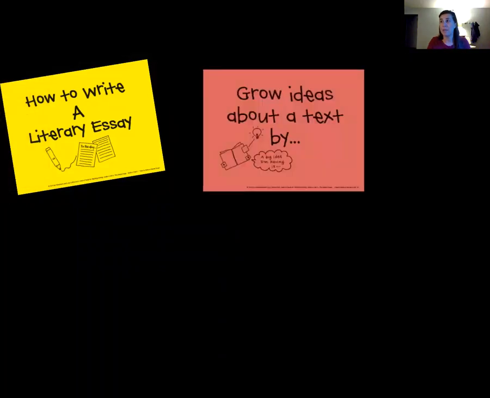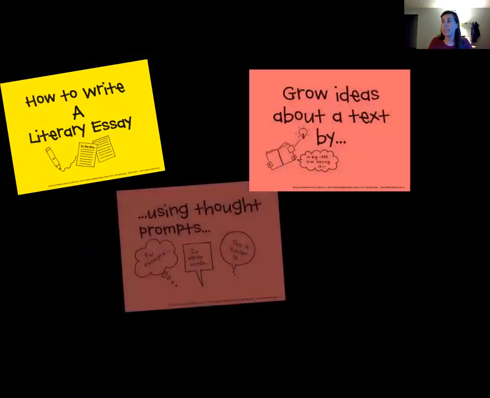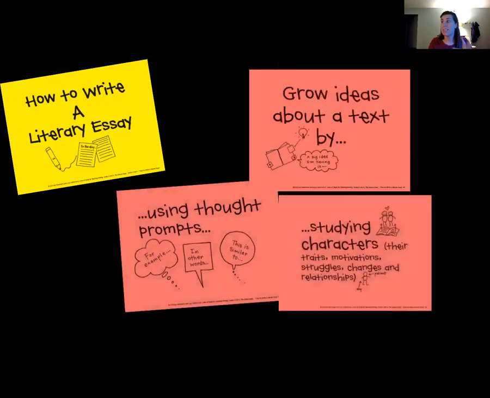In our last learning of how to write a literary essay, as I mentioned before, we were growing ideas by using those thought prompts. Today, we're going to be studying again characters, their traits, how they behave, their motivations, what they want or are trying to achieve, their struggles, that means what's standing in their way, how the character is changing within the story, and their relationships with other characters within the text.